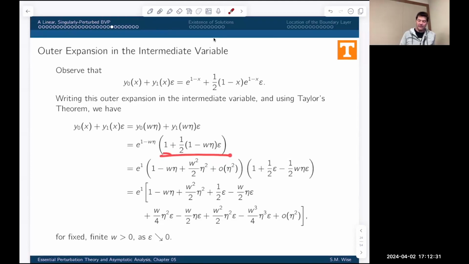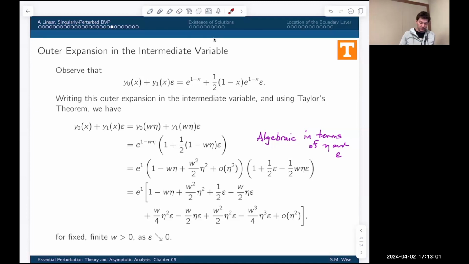This is already good enough for me. I just want things which are algebraic. So think about this: what I'm trying to get is expansions which are algebraic in terms of eta and epsilon. Just powers of eta and epsilon, or combinations, okay? So algebraic in that sense.